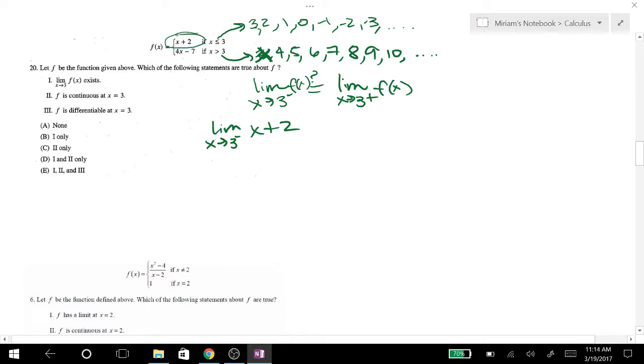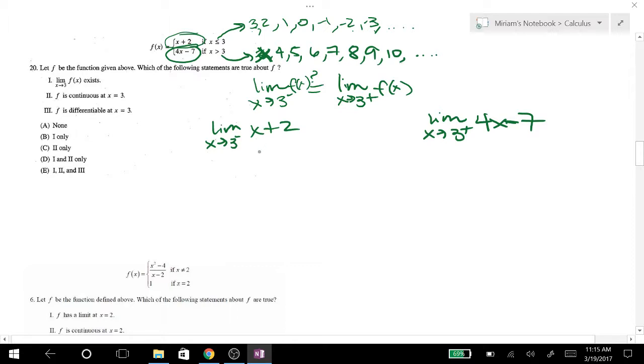And I'm also going to check the limit as x approaches 3 from the right of the next function, 4x minus 7. Now, if you're wondering how I decided that, the numbers on the left are 3, 2, 1, 0, negative 1, negative 2, negative 3. That's why I chose x plus 2 on the left. On the right, the x values are 4, 5, 6, 7, 8, 9, 10. That's why I chose 4x minus 7.